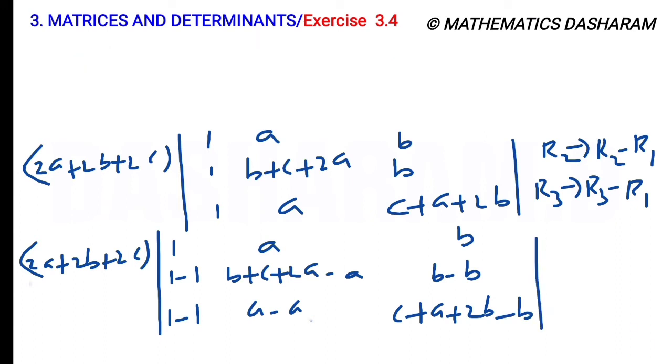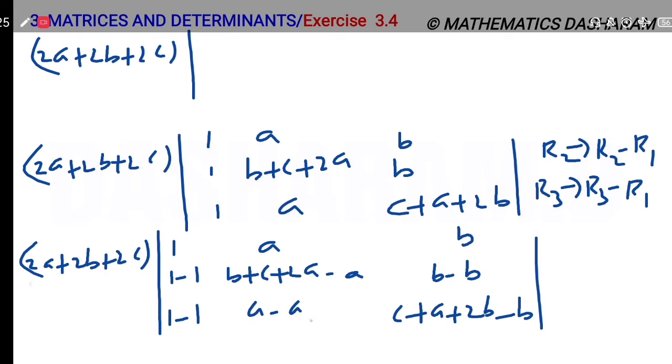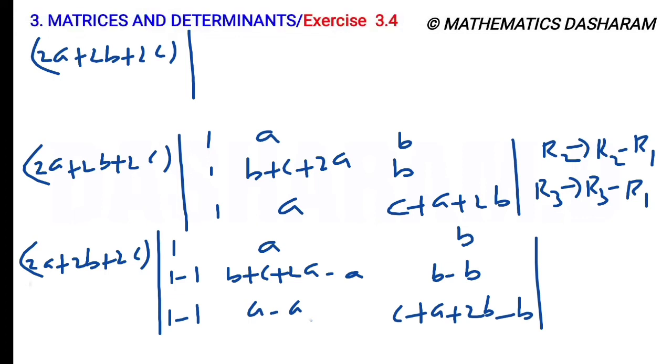So 2a plus 2b plus 2c mod. So first row will come as it is, 1 a b. Here 1 minus 1 is 0. From this, b plus c plus 2a minus a means a plus b plus c.